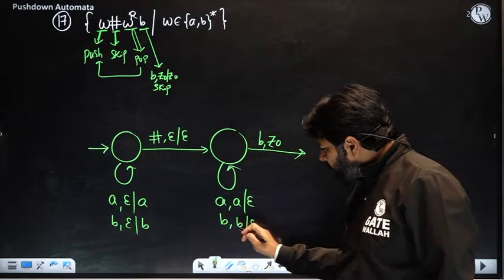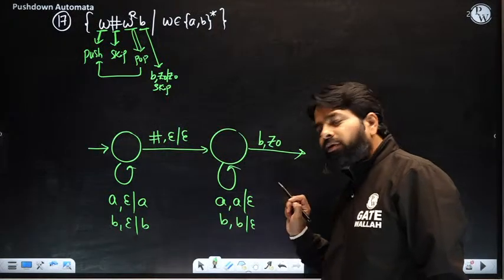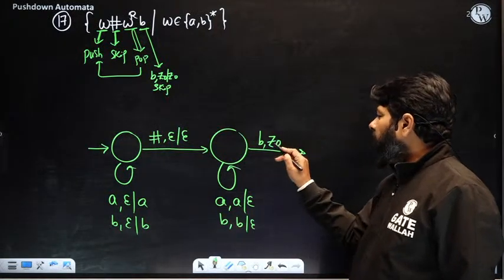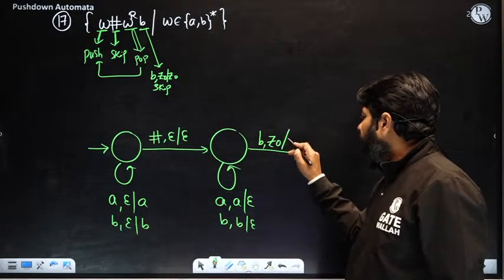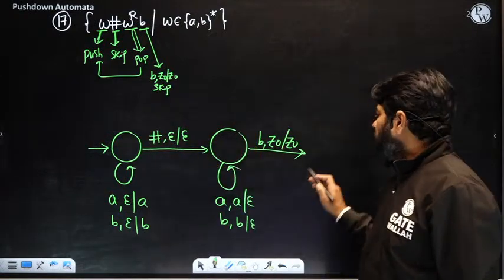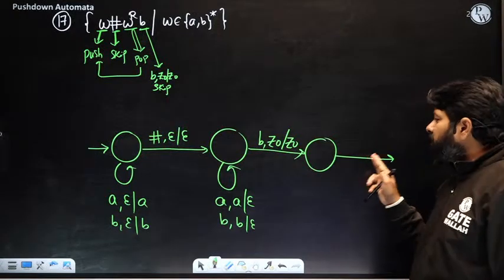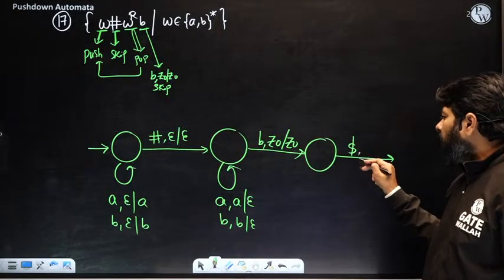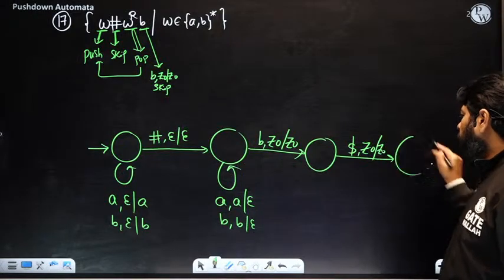Of course, you can't take the other path, because that path works only for B comma B. When the stack has B, only then can you get the input B there. But here, the input is B and the stack has no symbol, so at that time it might be ending with the B because the remaining part is done. Now this is very important: after this B, you should see the end definitely, that's a $, or epsilon. Then go to final.